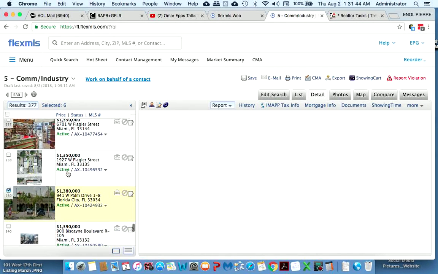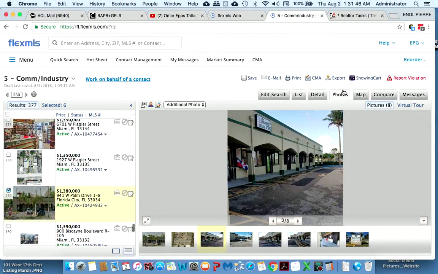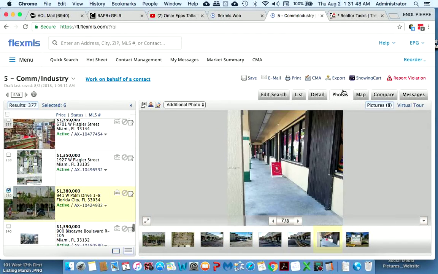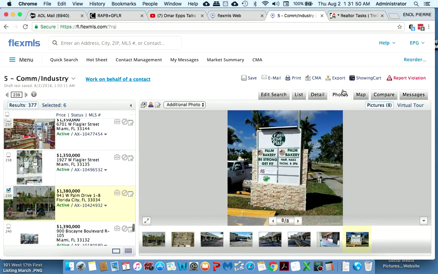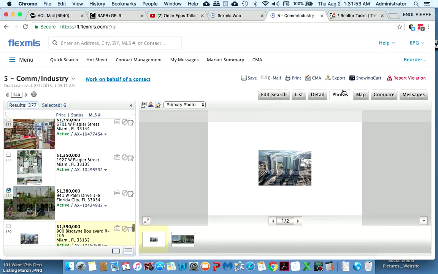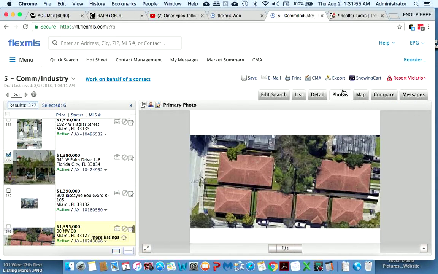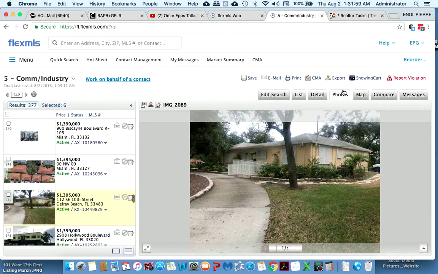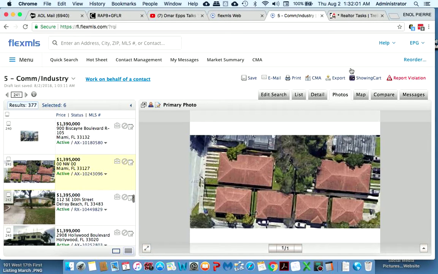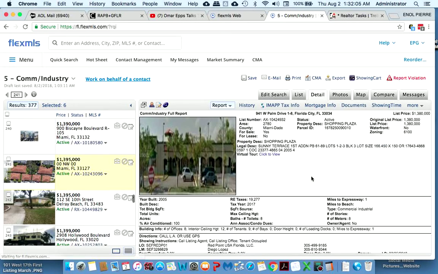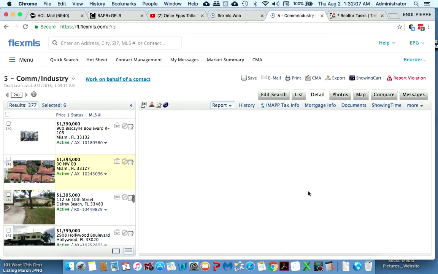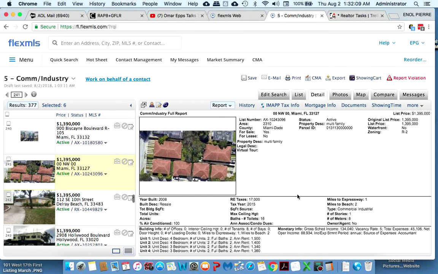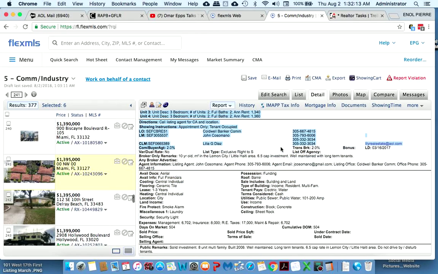If you look at it, look at all these big plazas, look at all these units it has. So, kind of interesting. We'll definitely look at that. I don't know what this is. It's like a big development, like a multi-family residential, but yeah.